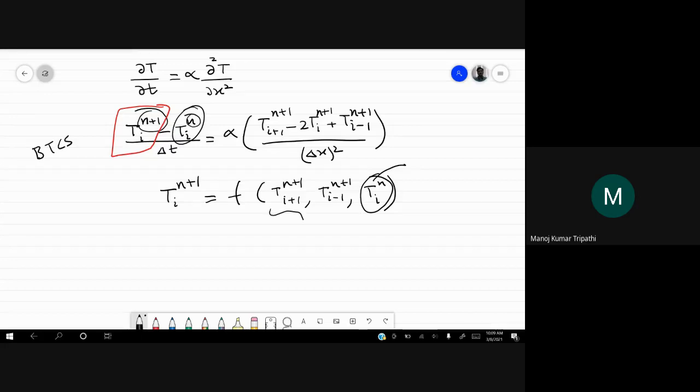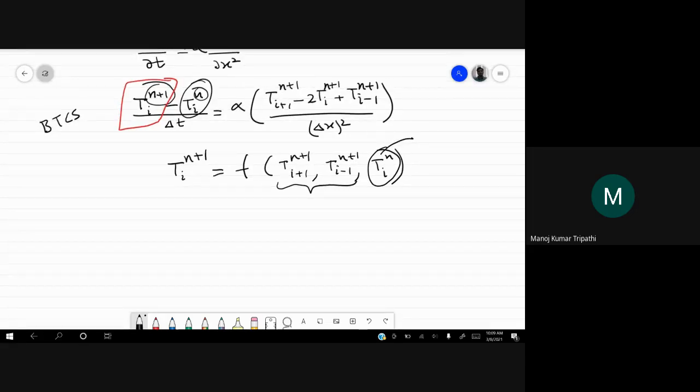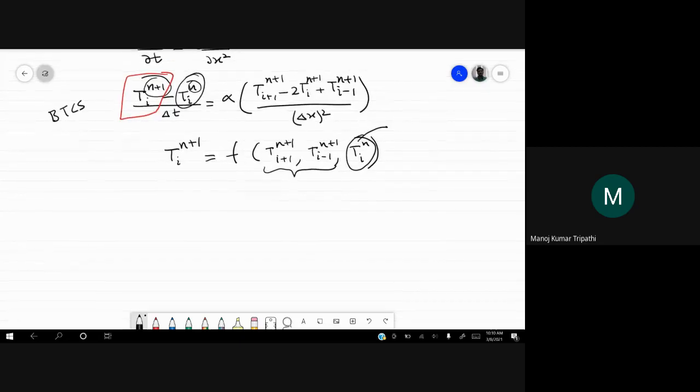Okay, so there is no problem with this term. The problem is with these terms, because we do not know these terms. So what we do is we write these equations at all the grid points simultaneously. So T1, T2, T3, and so on up to Tnx.